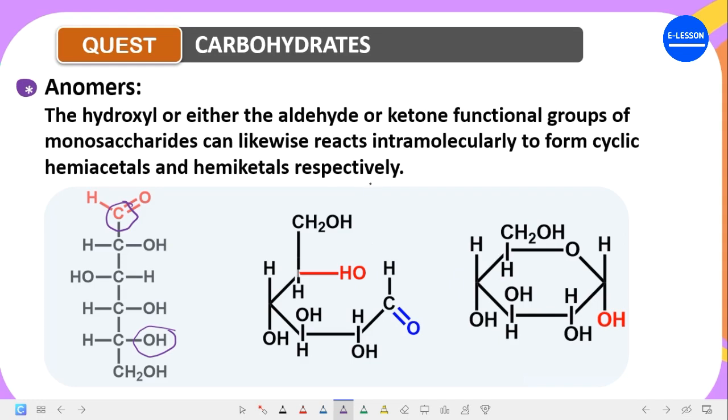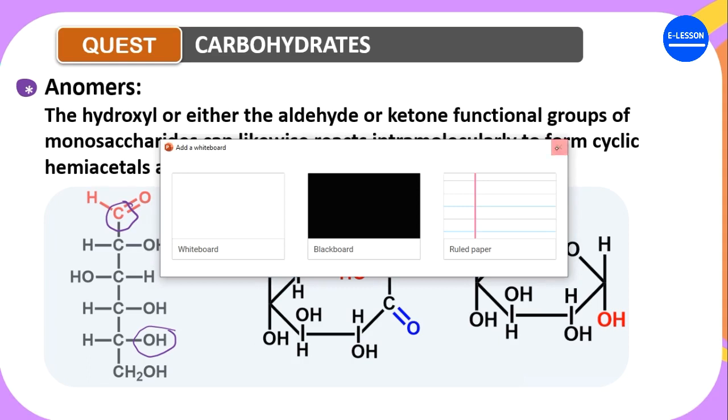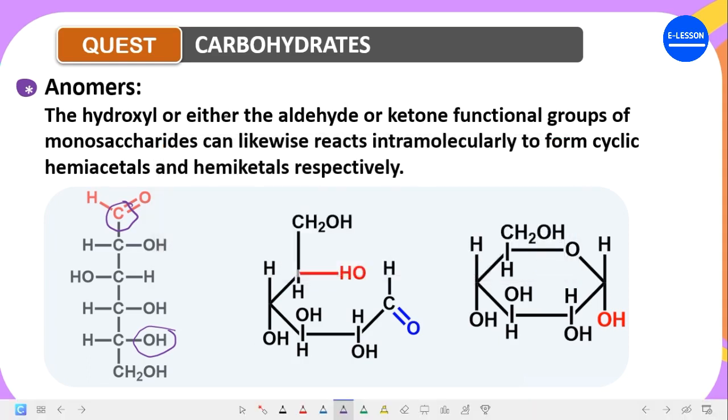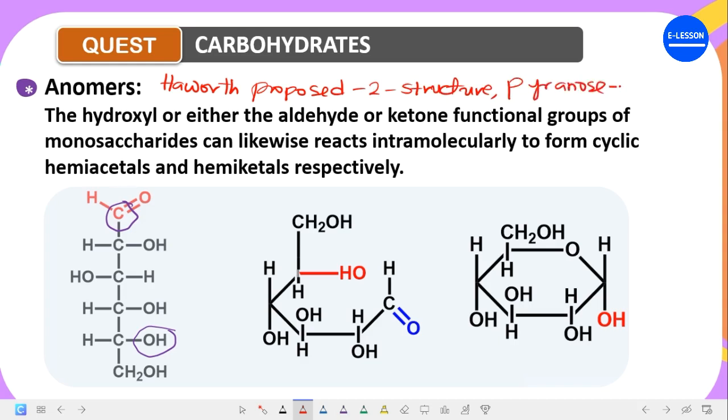Now, there was a man called Haworth. Please take note of this. This is the most important thing you should take note of from here. Haworth proposed two structures. One is called the Pyranose structure, which is for a six-membered ring.